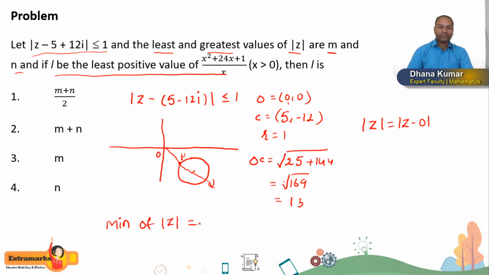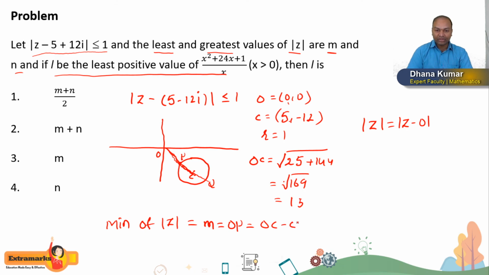Fine. Now the minimum of mod Z, the least value, denoted by M, is equal to OP length, which is the minimum. According to the diagram, OP length is equal to OC length minus CP length.